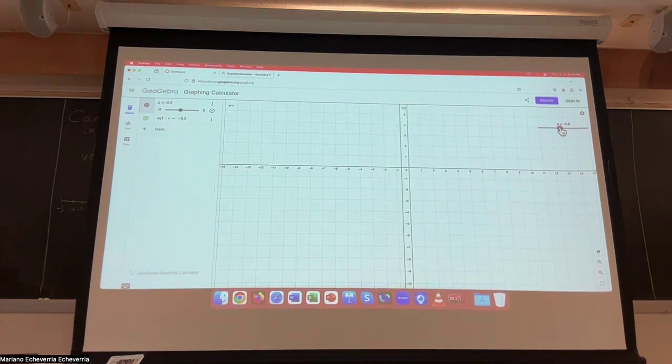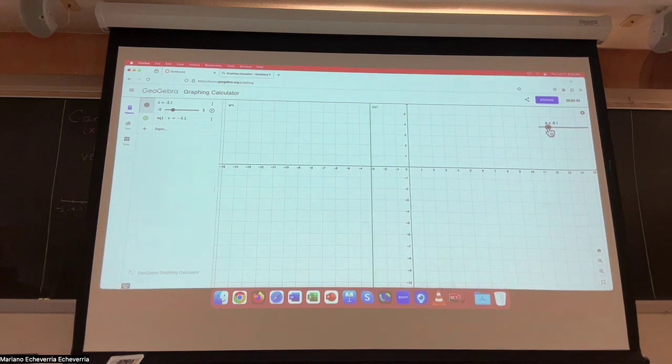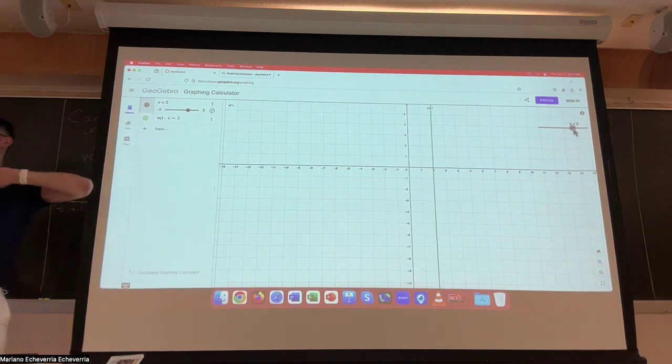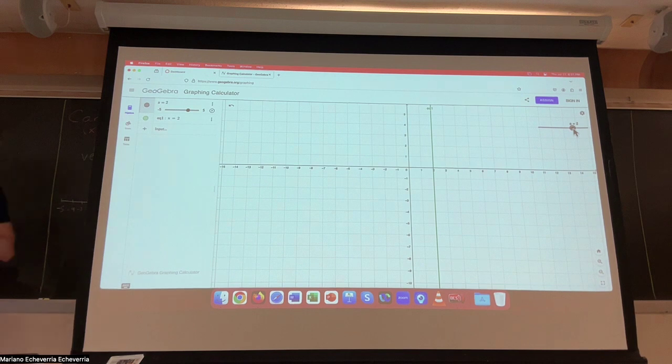But my point is that every vertical line on the plane has the exact same format. It's always x equals some number. No matter which vertical line you choose, they'll have the same presentation, where it's x equal to some number. So that's the most important thing about vertical lines.